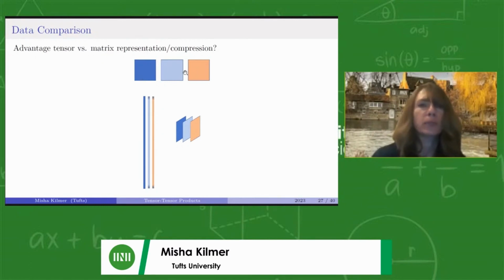So here are three matrices. I could unroll each one of those three matrices as a column and make a big, tall, thin matrix, or I could put them in as lateral slices of a tensor. And I want to convince you that decomposing the tensor on the right gives me an advantage.